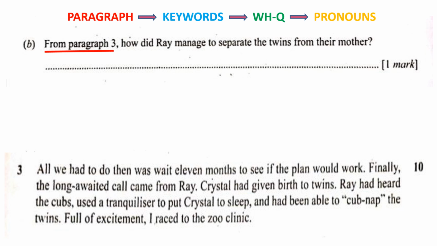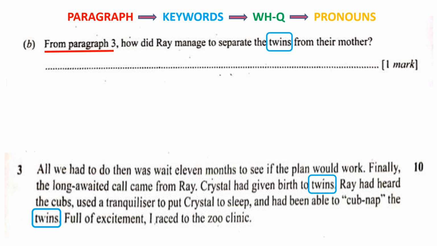How did Ray manage to separate the twins from their mother? So the main focus here is the twins, right? Twins. So let's find the word twins in the text. Okay, where is the word twins? There are two mentions there, meaning the answer can be anywhere in this paragraph.